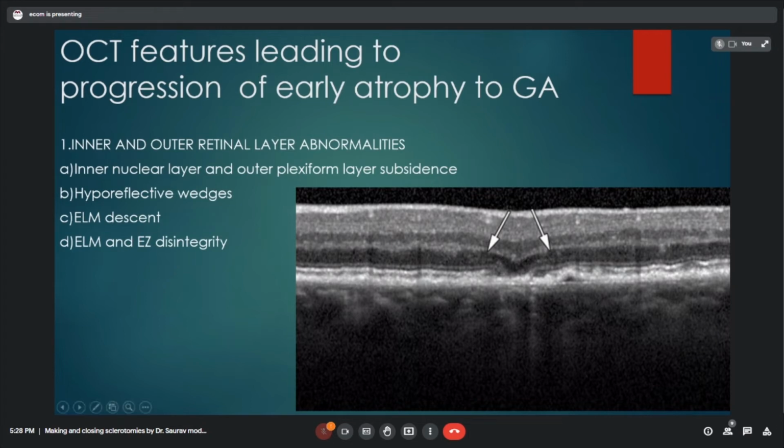Then there's hyporeflective wedge formation, as well as ELM descent towards Bruch's membrane, and external limiting membrane and ellipsoid zone disintegrity. If these are seen in cases of early atrophy, there are chances that it will soon progress to geographic atrophy.